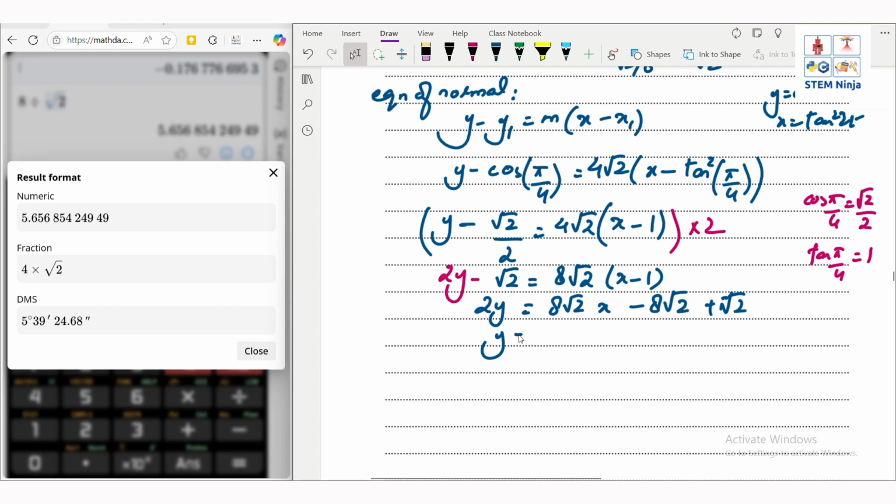So therefore y would be, these two will add up to minus 7 root 2, so 4 root 2 x minus 7 root 2 over 2. So that is your answer. That's it.